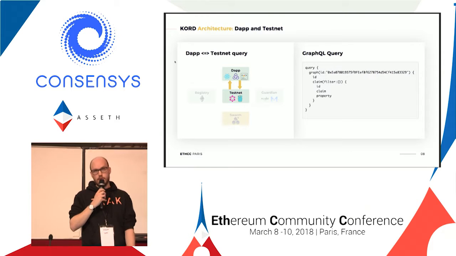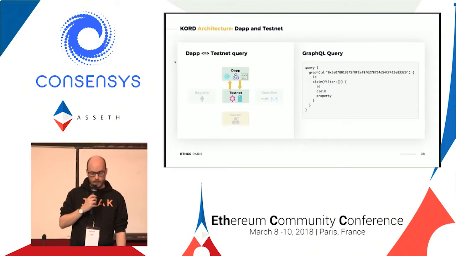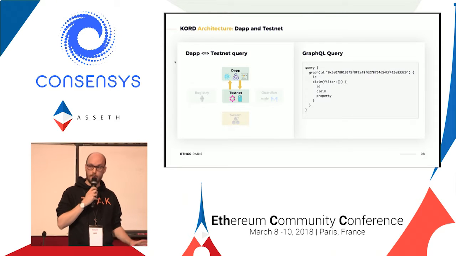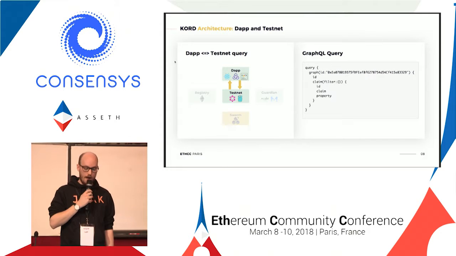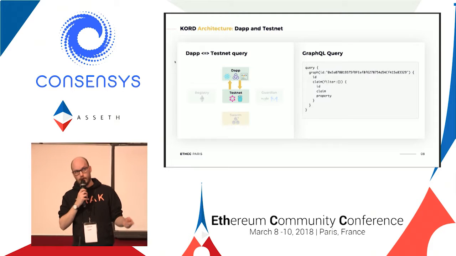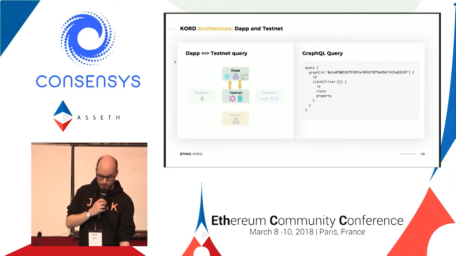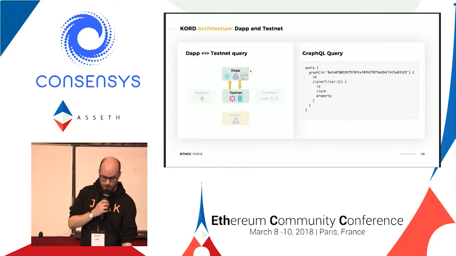And for all you old school Web 2 developers out there, we use React, Redux, and a little bit of styled components for the flourishes there. And then on the testnet, as I said, GraphQL and Go.